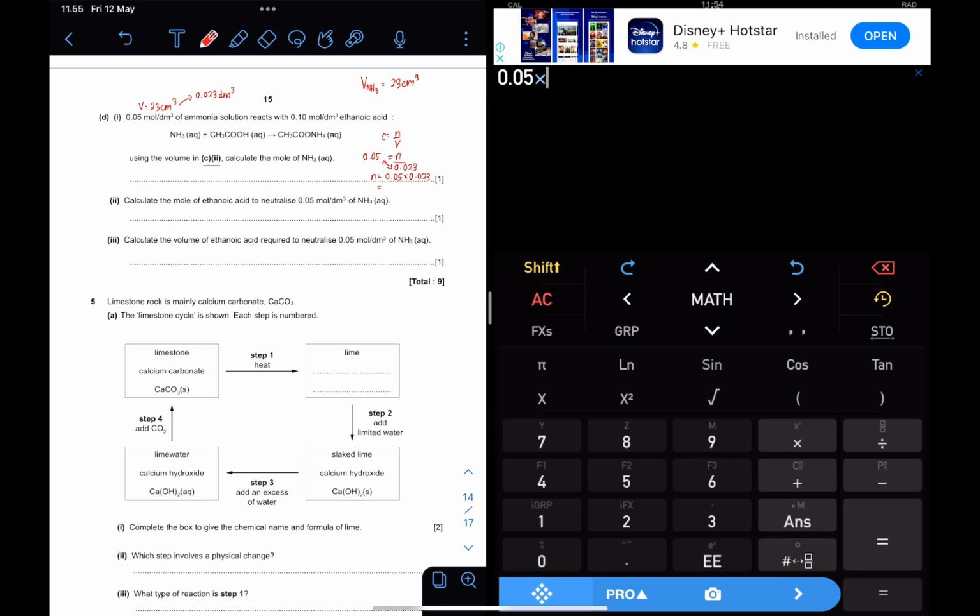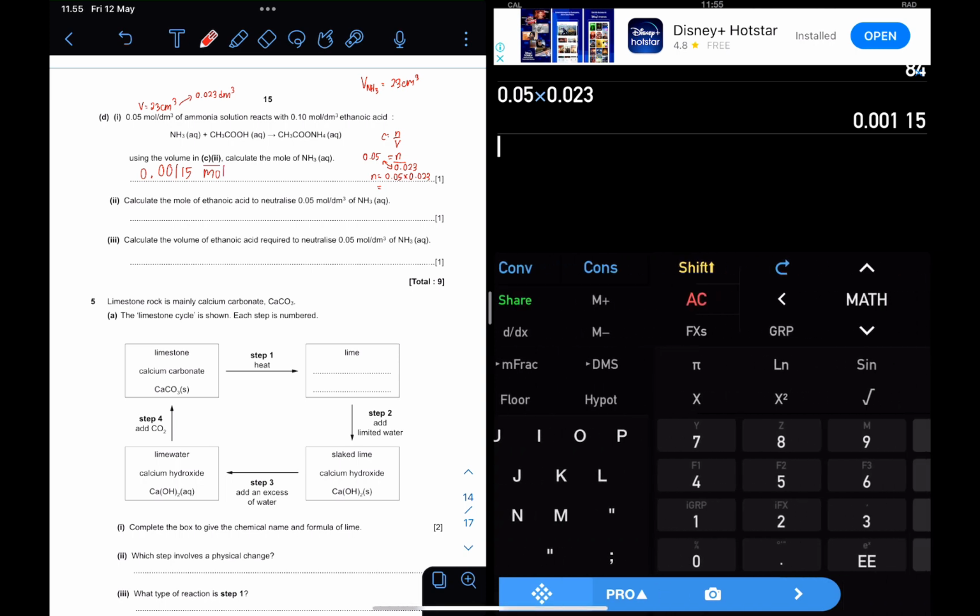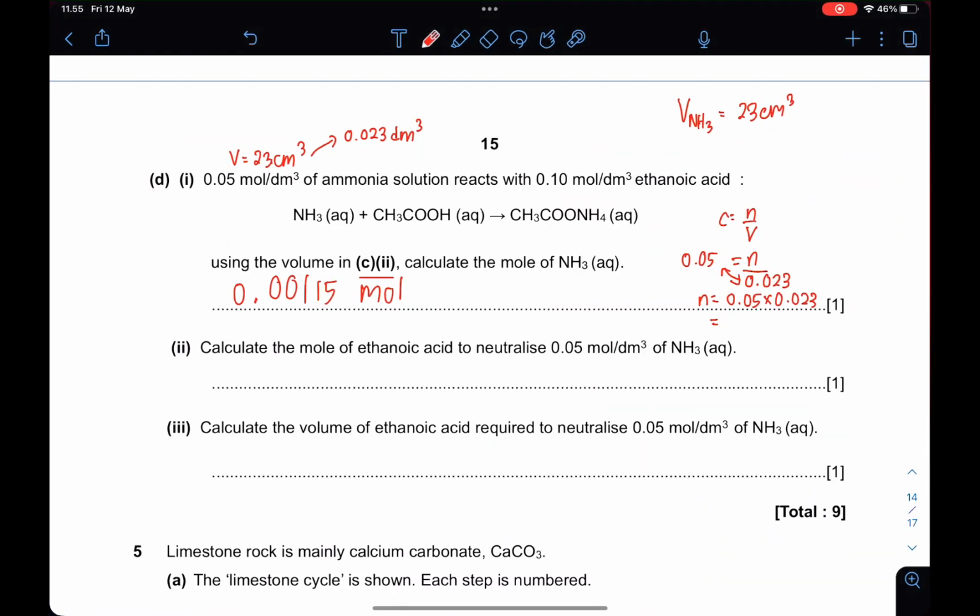Let's calculate, and the answer is going to be 0.00115 mole.